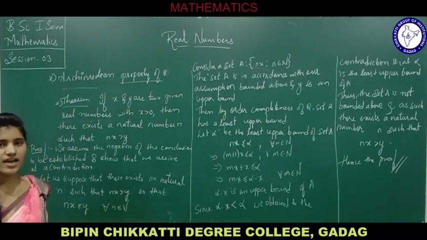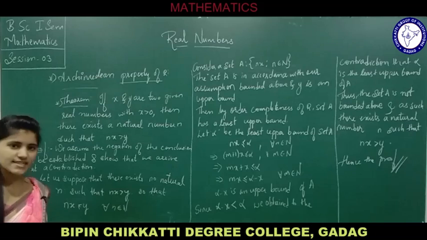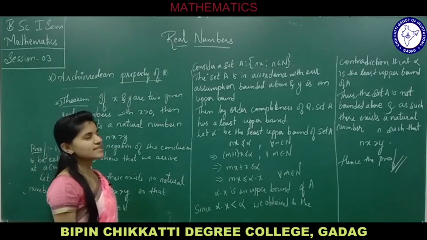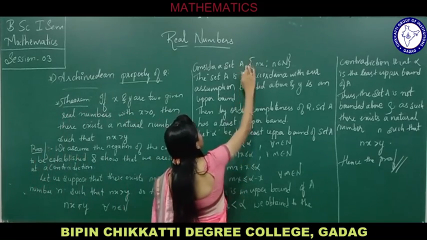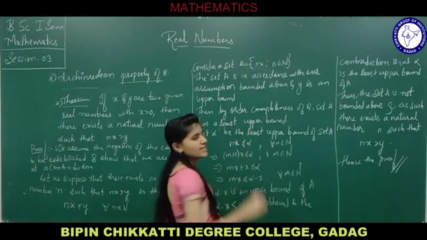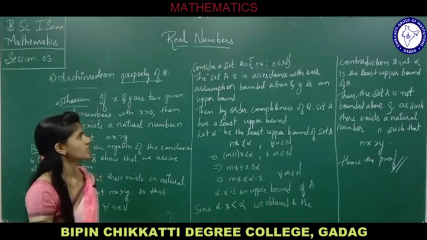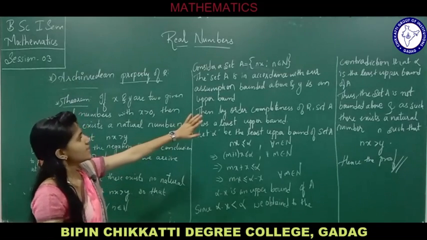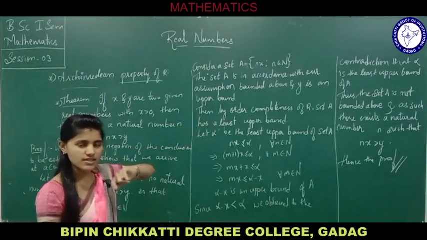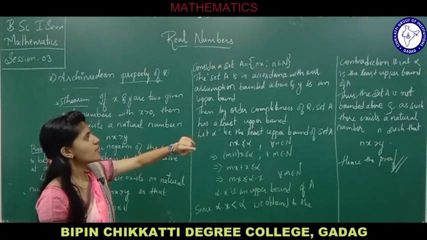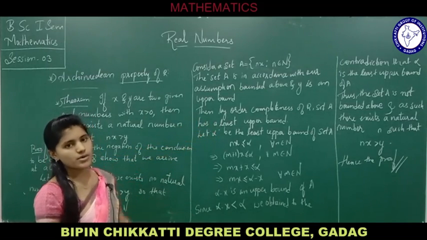If so, we consider a set A. What kind of set is it? The set A equals n into x such that n belongs to the set of natural numbers. The set A is, in accordance with our assumption, bounded above, and y is an upper bound.